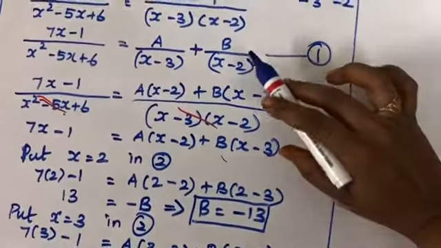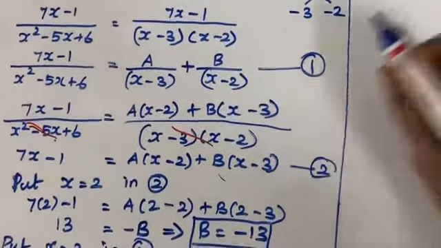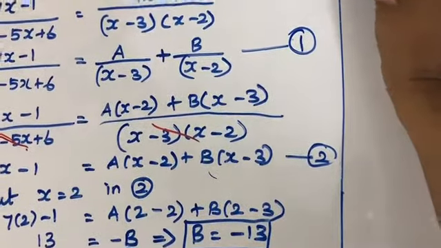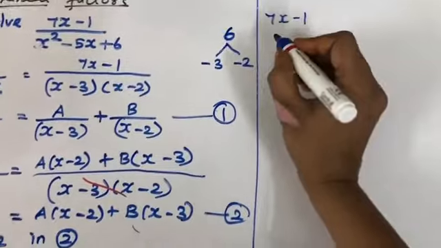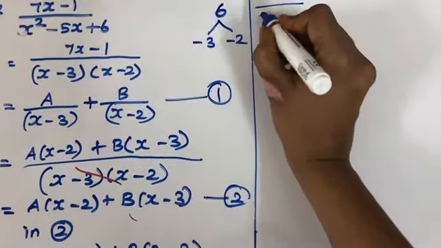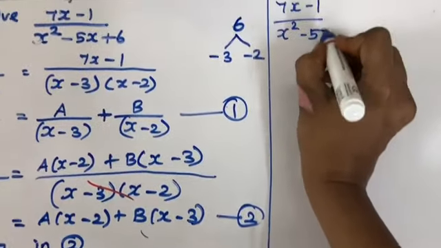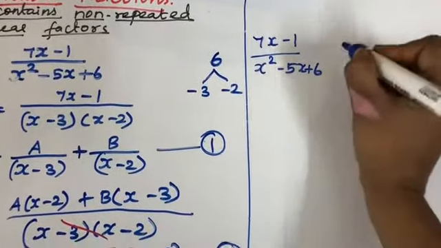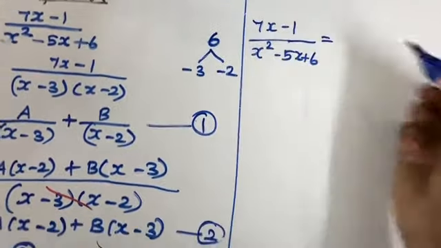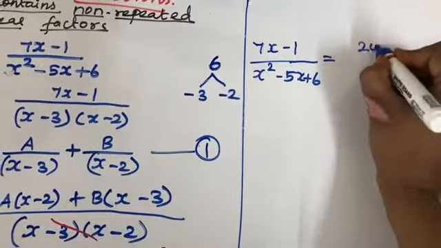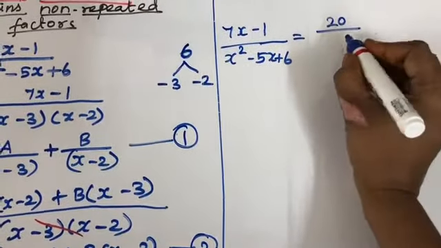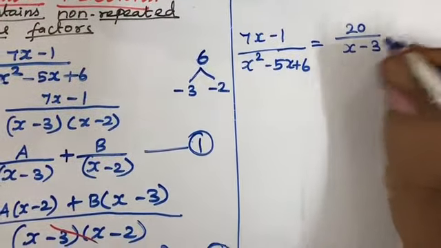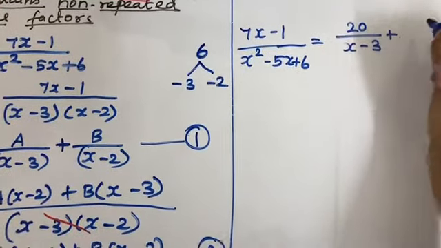If I substitute A and B in 1, I get 7x minus 1 divided by x square minus 5x plus 6 is equal to, what is A? 20, right? 20 divided by x minus 3 plus, what is B?